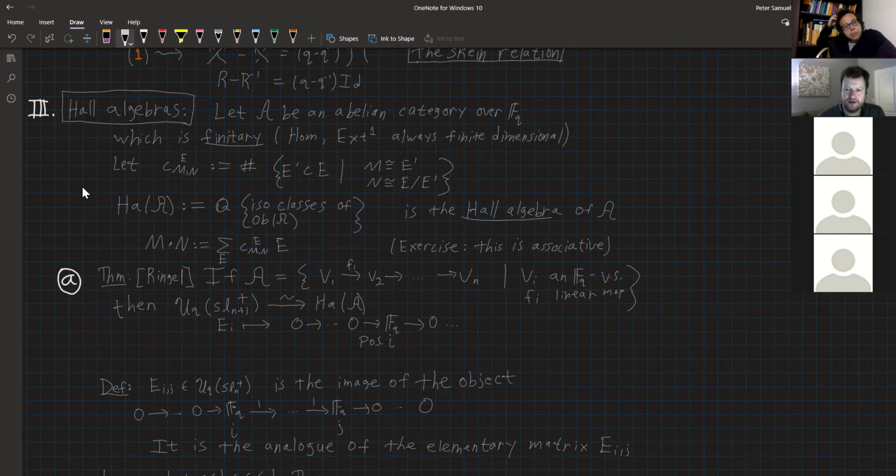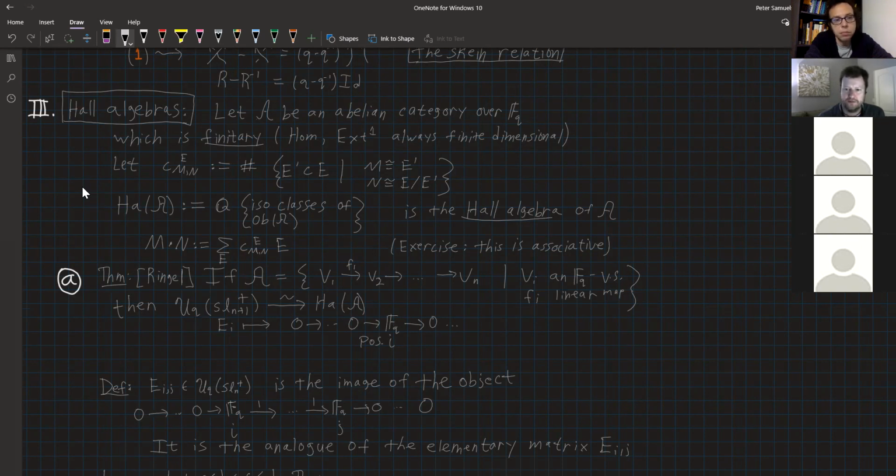M and N are objects in the category A, and so is E. This number is the number of sub-objects of E such that the sub-object is isomorphic to N and the quotient is isomorphic to M. So it's counting the number of ways that E appears as an extension of M by N. Since Homs in the category are finite, there are finitely many sub-objects. Anyway, this finitary condition implies that this number is finite.